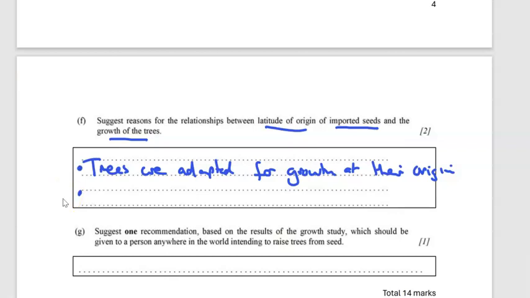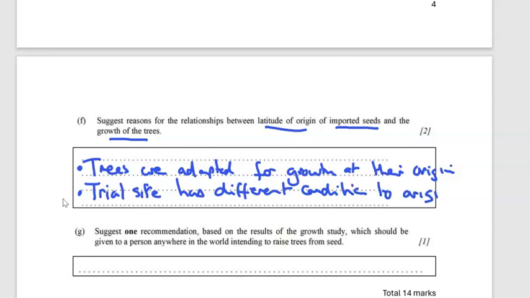Then I think we need to state that the trial site has different conditions to the origin, and so this is going to affect the actual growth rates.